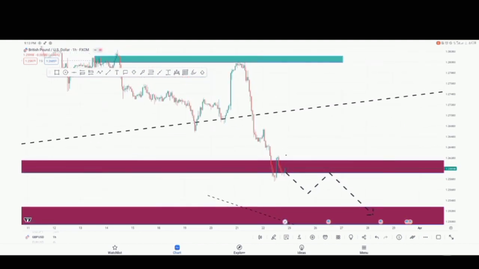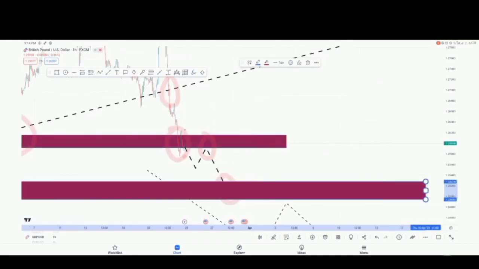You can see price broke out of our trend line from here, and then price moved to this support zone right here. So if price should break out of this zone to this zone I just marked out, we're expecting price to retest it, which is the arrow I used right here, and then continue to the downside down to this zone here.